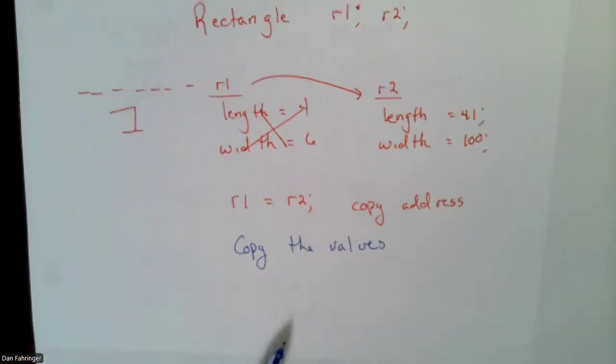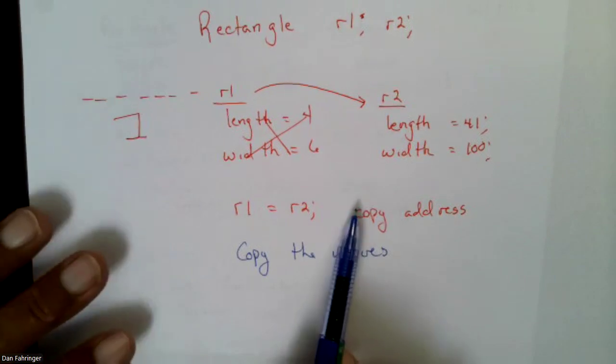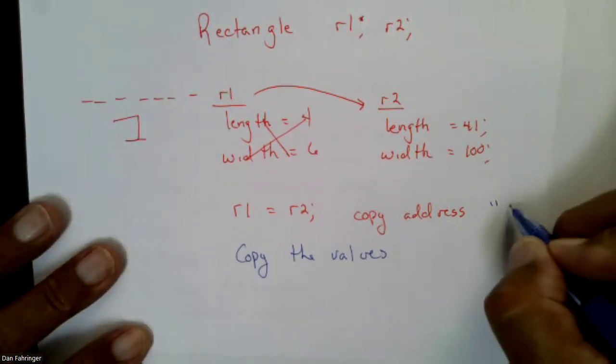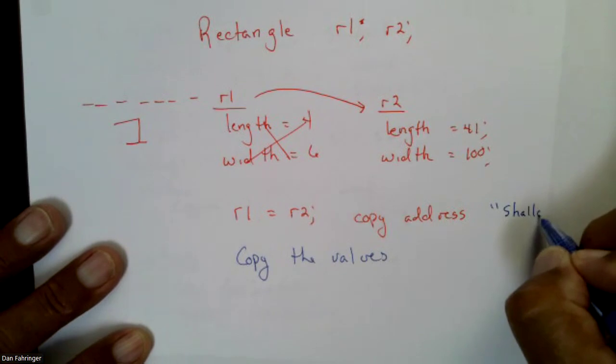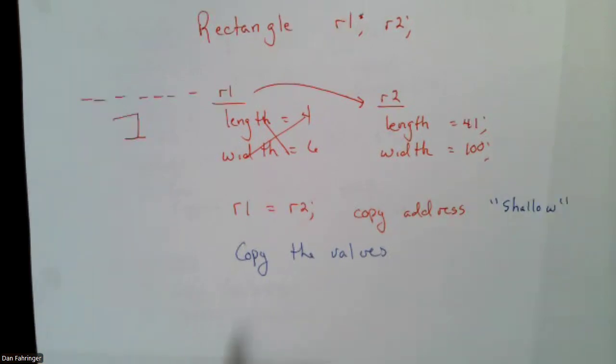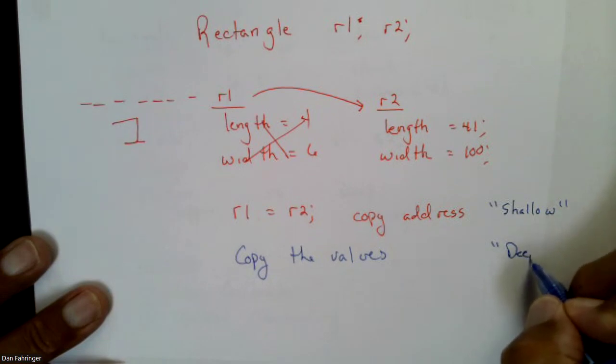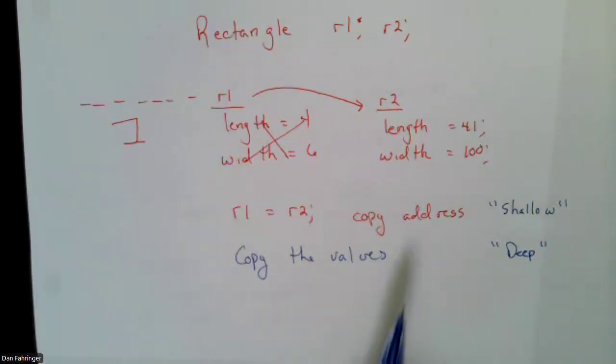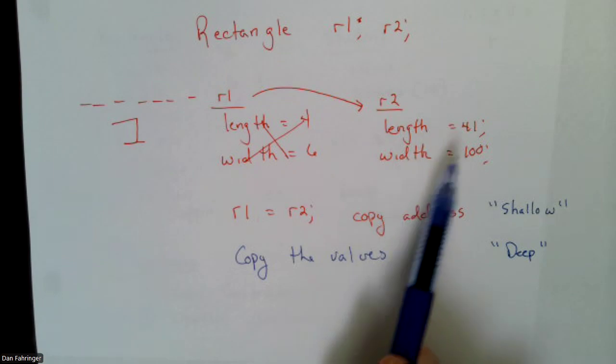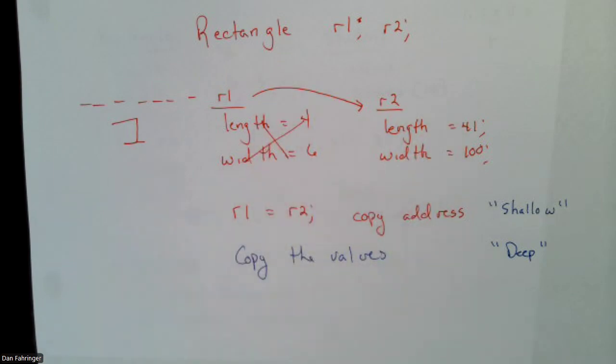When I'm copying the addresses, that is referred to as a shallow copy. You're getting the values from over here. What I want to do is a deep copy, and I'd like to get everything that's in R2 and move it over into R1.